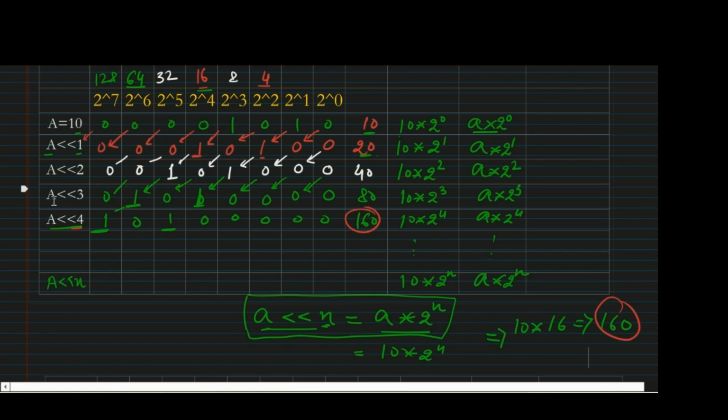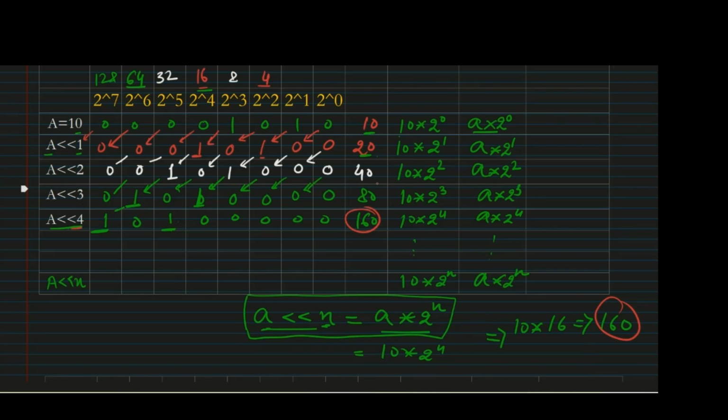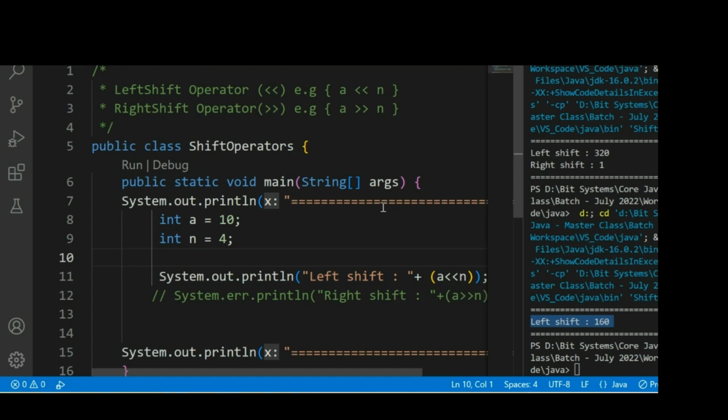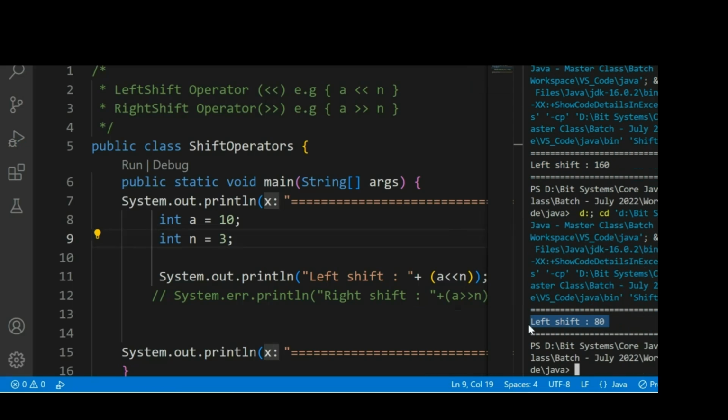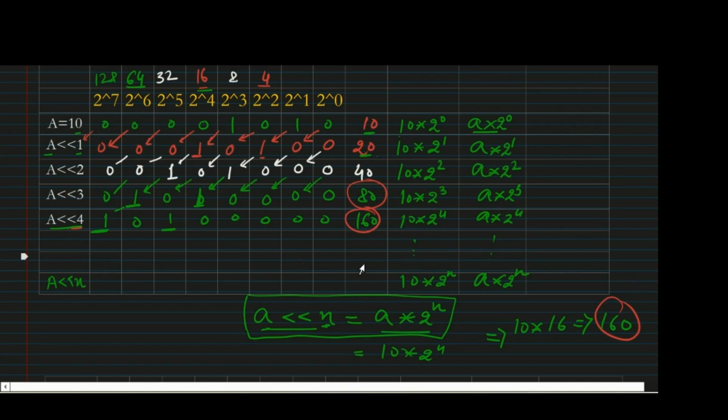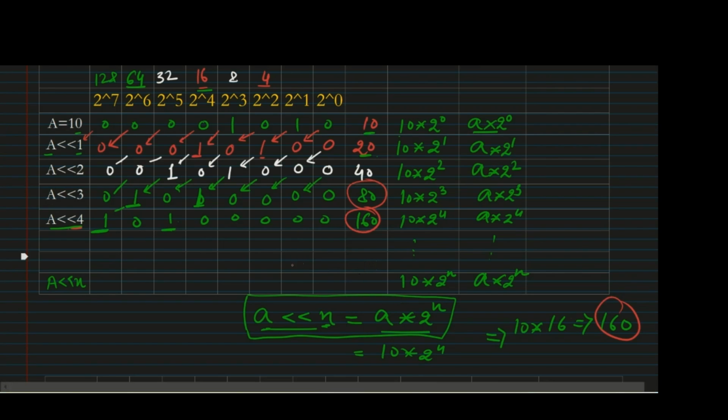And what if we have to shift 10 by 3 towards left? We should get 80 as an output. So here we go. This is how the left shift operator works. So you always have to remember this formula, how we can get the value when we are shifting any number towards left.